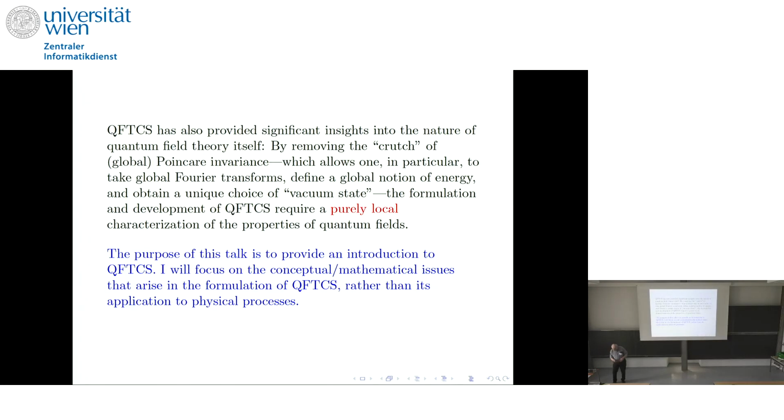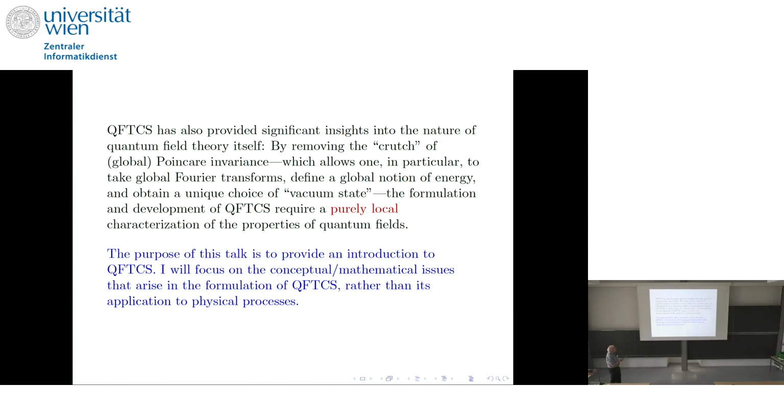But I'm going to be primarily concerned here not with the physical applications of quantum field theory and curved space-time to things like the Hawking effect, but the sort of conceptual and mathematical issues.